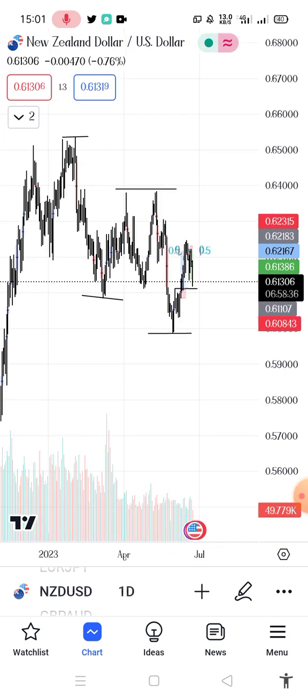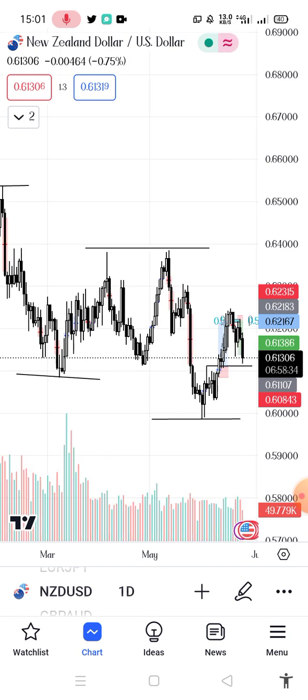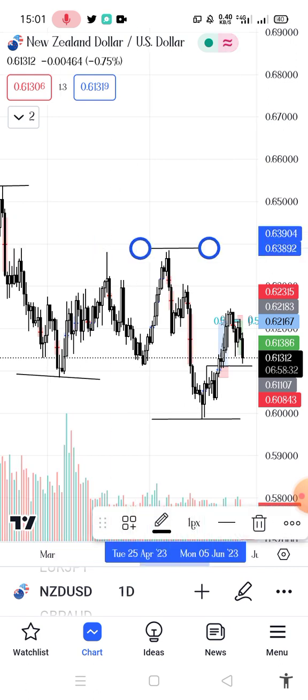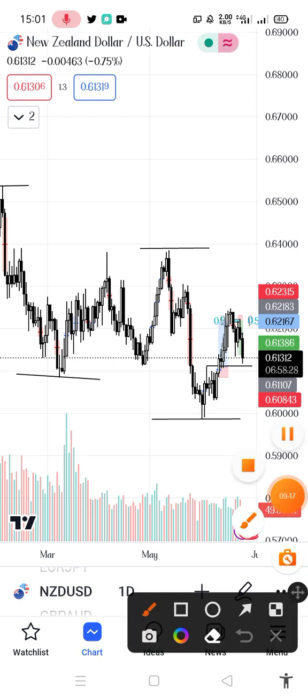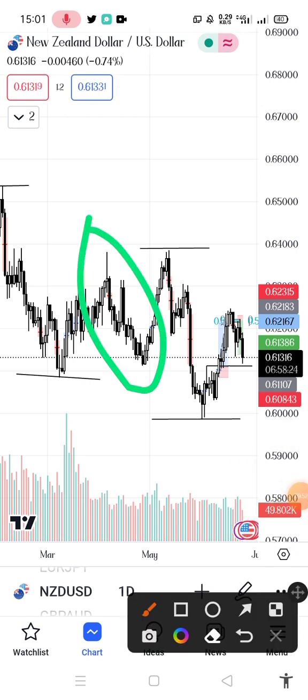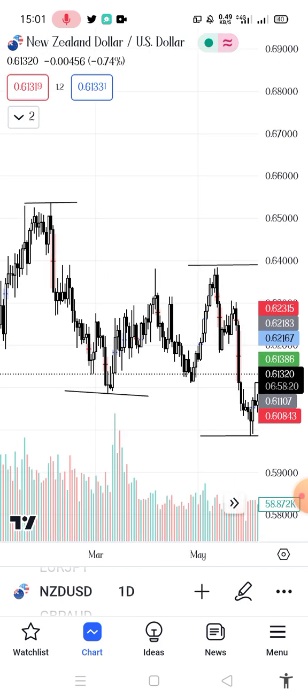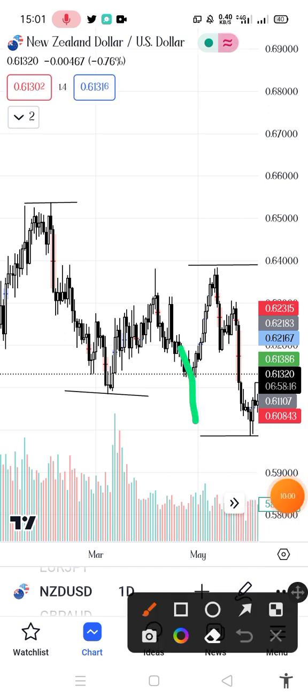Now let me zoom and show you something real quick. This is the lower high. Now, you might be asking why this wasn't a lower high and lower low. This lower low here was meant to break down, but it didn't.